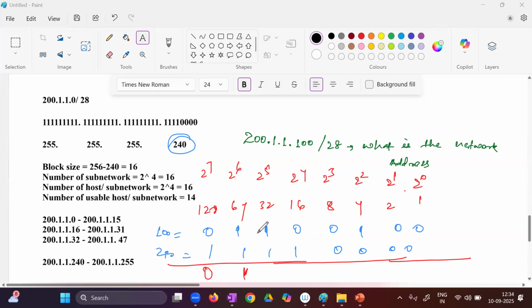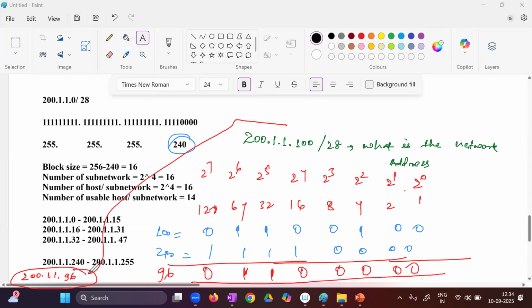This is 1, this is 1, the rest is 0, 0, 0, 0, and 0. When you calculate, what is the value you are getting? 96. 64 plus 32, 96. It means 200 dot 1 dot 1 dot 96 is the network address for the IP address.